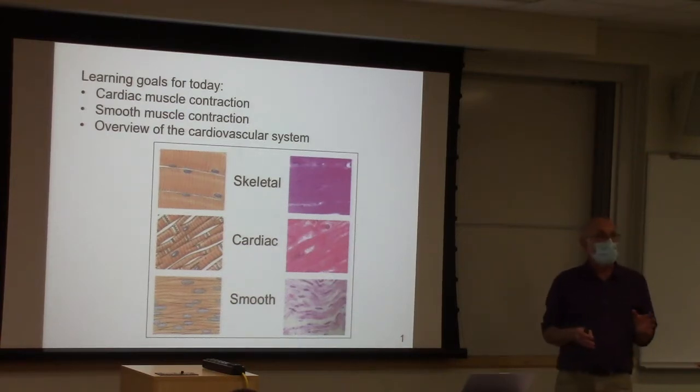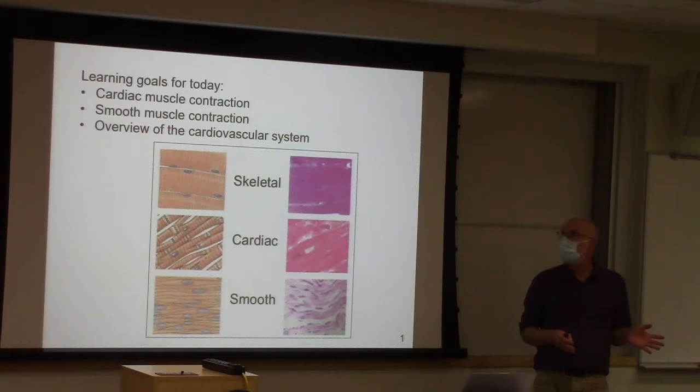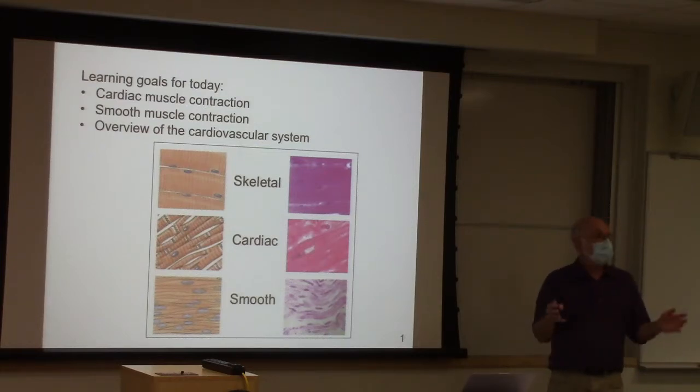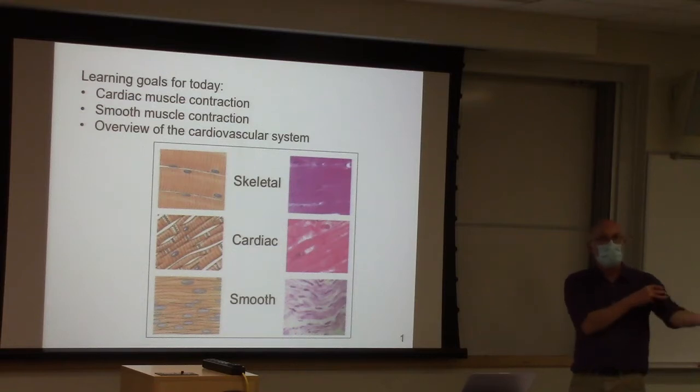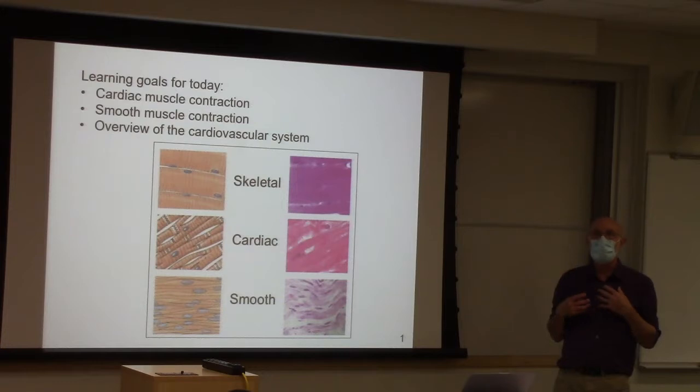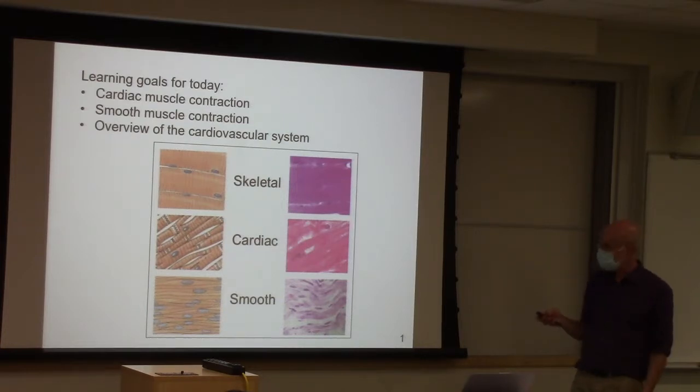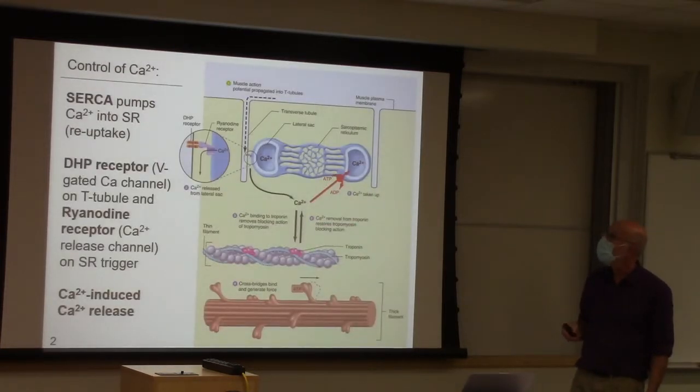And then talk about smooth muscle contraction, and then get into the cardiovascular system itself. So use your knowledge of skeletal muscle physiology and apply it to heart and smooth muscle physiology. That's where we're going now.